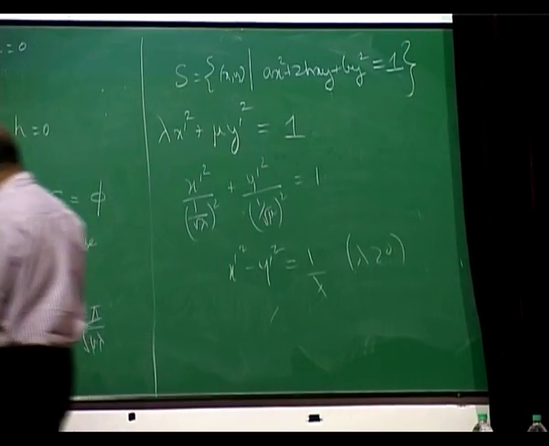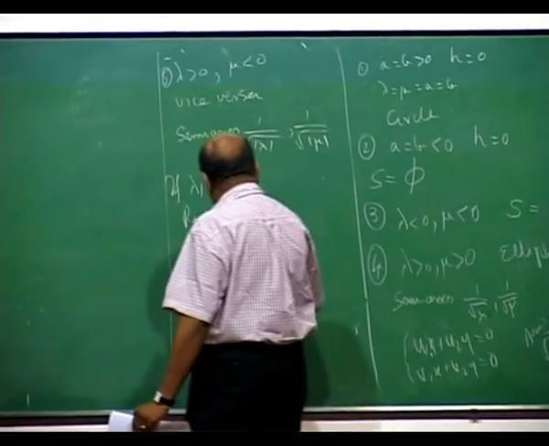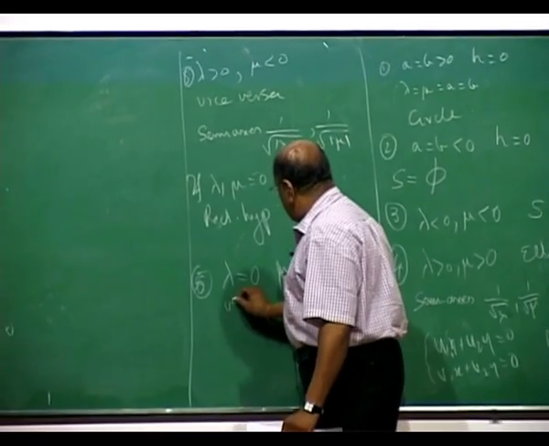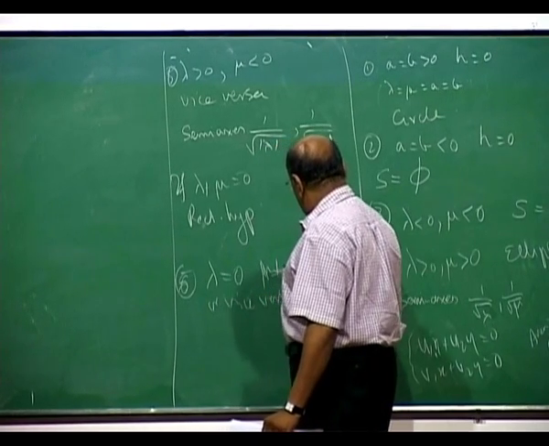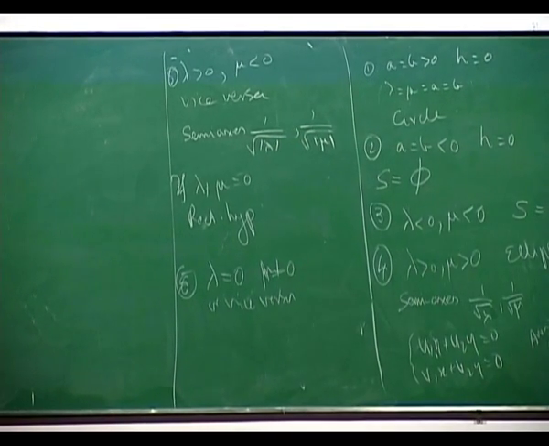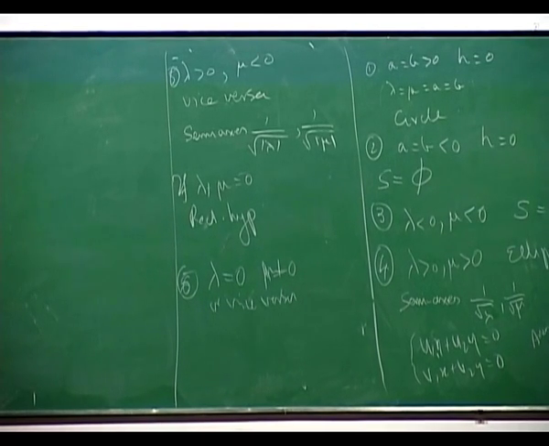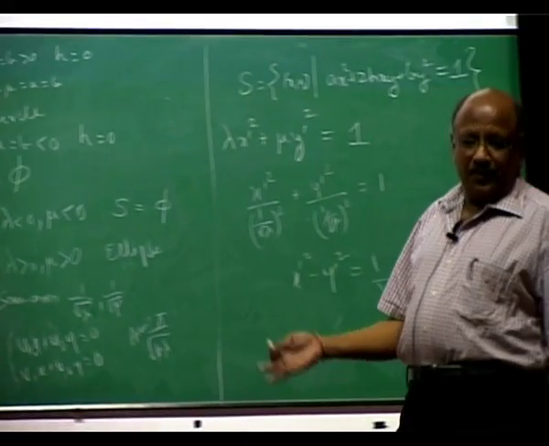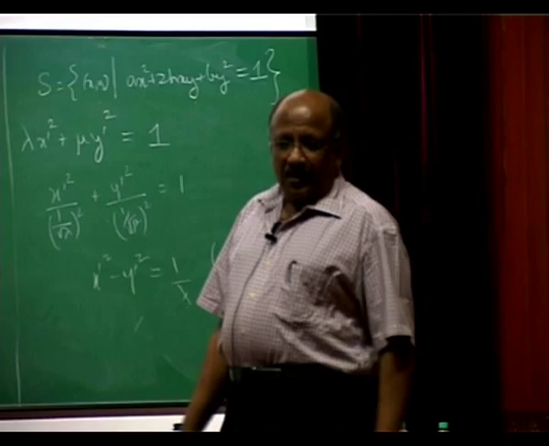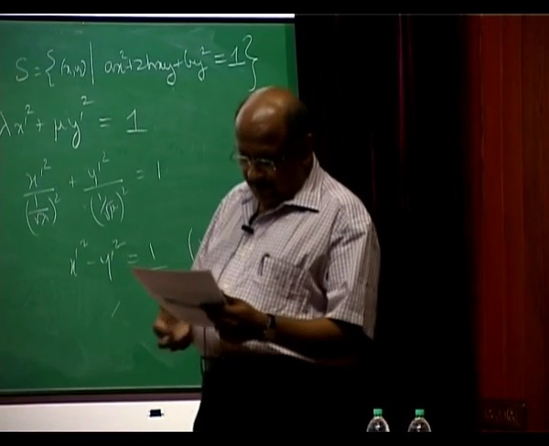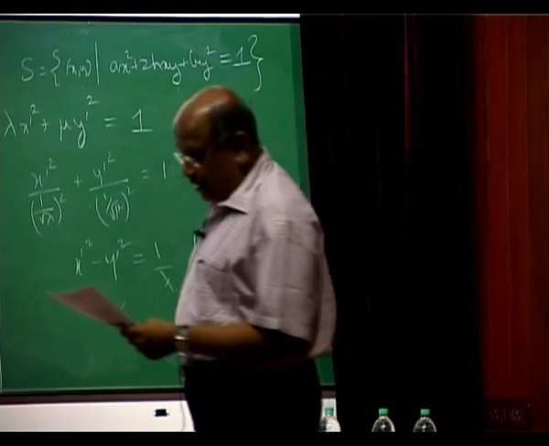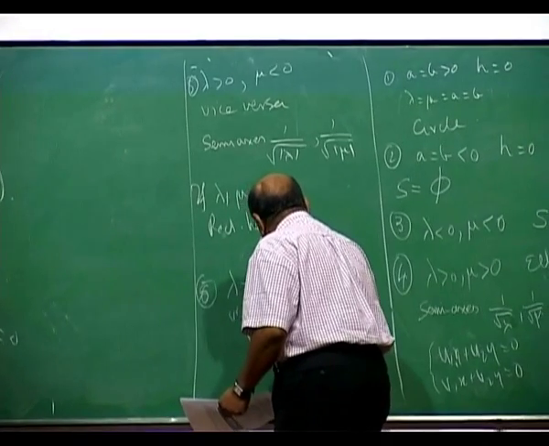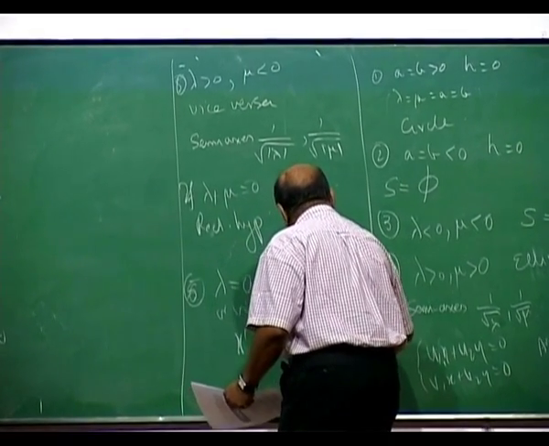Then finally, if lambda equal to 0 and mu not 0, or vice versa, then you get either x dash square equals 1 by lambda or y dash square equals 1 by mu, depending on the situation. So you get a pair of lines, okay.